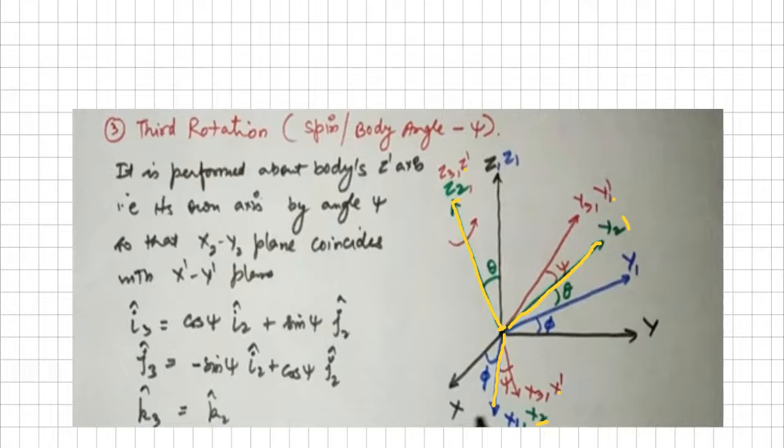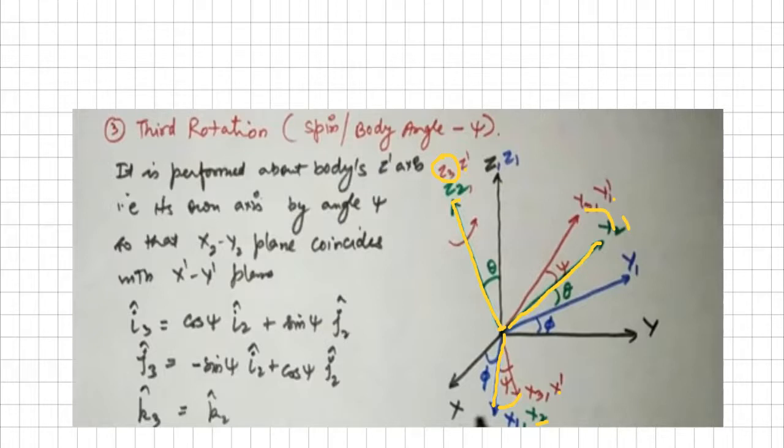Now I will again rotate along the z2 axis, so z2 will be equal to z3. But this plane will change. y2 will get transformed to y3, and x2 will get transformed to x3. You can see these red lines. Now we have this after transformation, obtained by rotating the z2 axis by an angle psi.